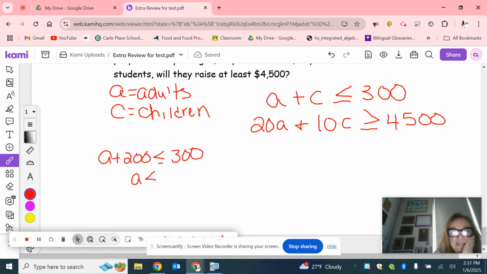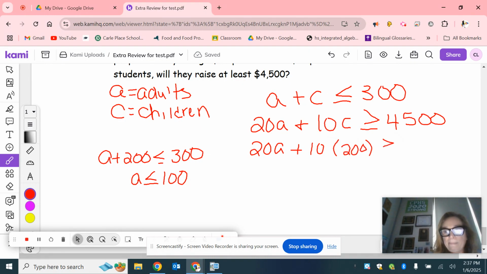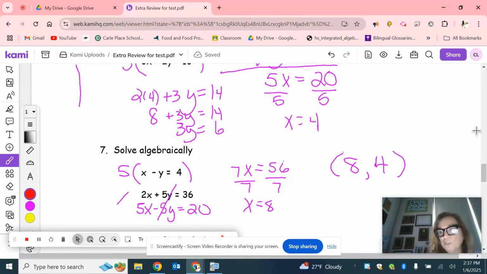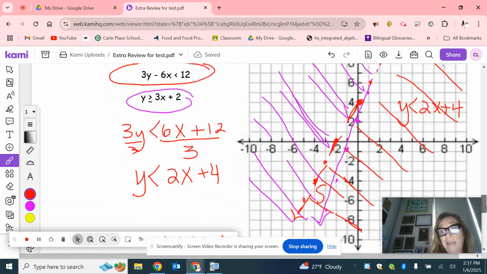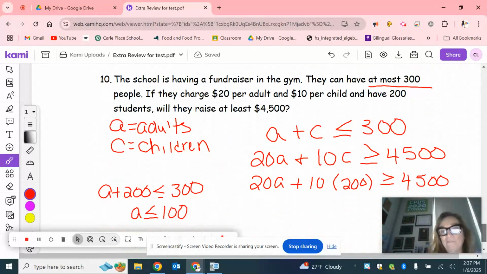So adults has to be less than or equal to 100. Okay, so at most I can have 100 adults. Now if I have $20 per adult and $10 per those 200 kids, that's $4,500 I'm trying to make. So a lot of times, you have a room that will only hold so many people, and you don't want to overcharge people because people aren't going to come, but you have to make enough money.